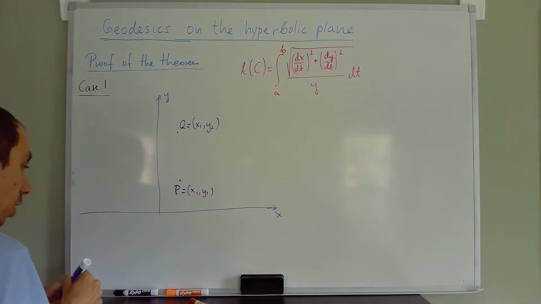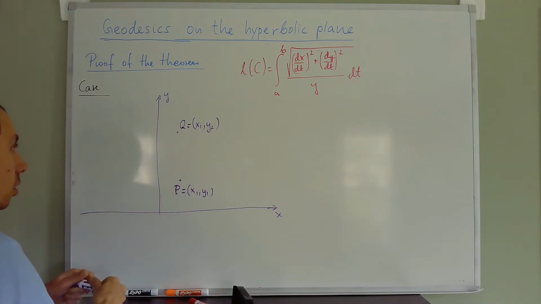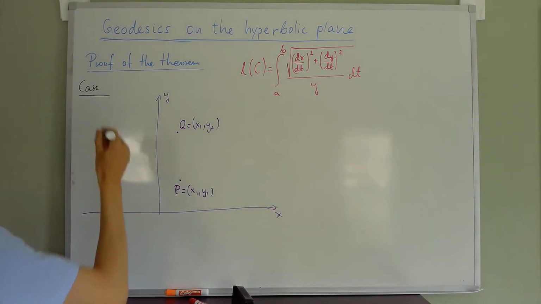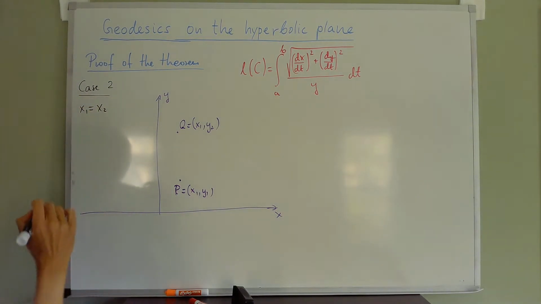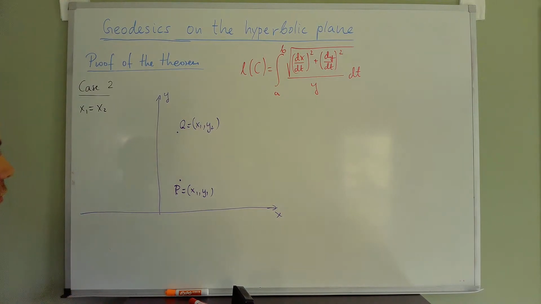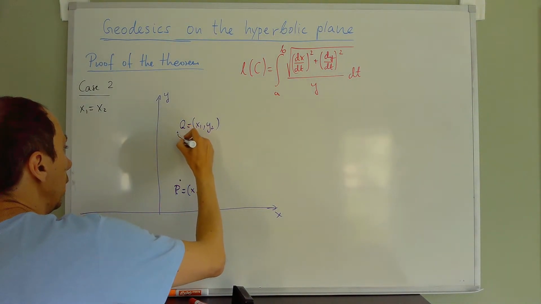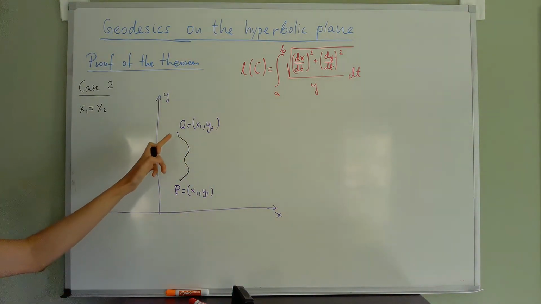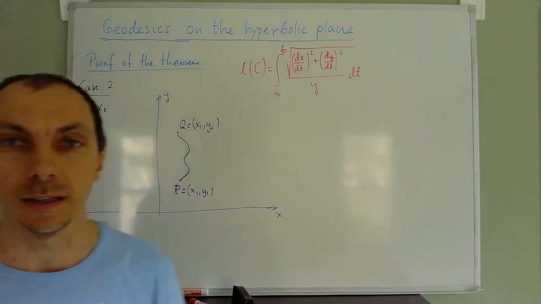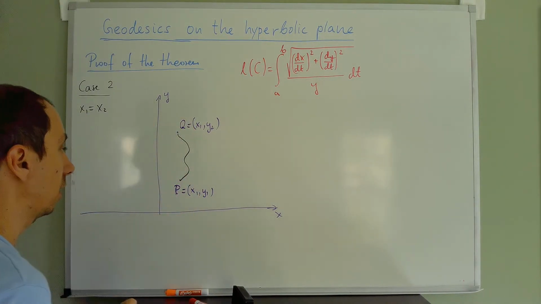So this is case 2: x1 is equal to x2. So that means I can write these 2 points in this way. So I claim that if I connect these with some curve, the length of this curve is greater than or equal to the length of the line segment that connects them.